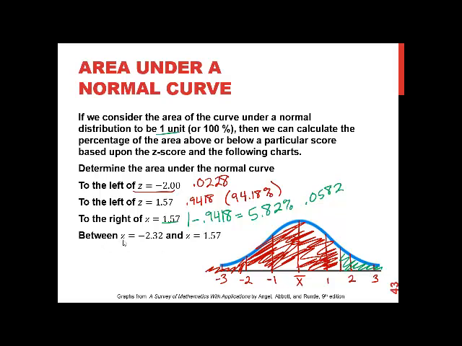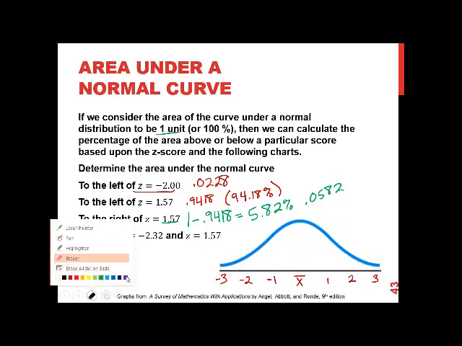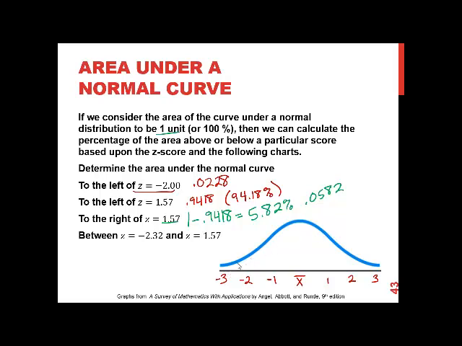Okay, what about the area between z equals negative 2.32 and z equals 1.57? Let's clean up our graph a little. So we've got negative 2.32 right here. We've got 1.57 here.